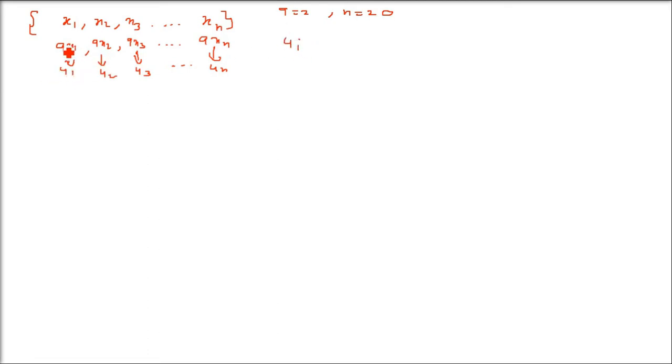So ui you can formulate like this: ui is a into xi. u1 is ax1, u2 is ax2, like this. Now, if you want to find the mean of the second list, we know for the first list, x bar is sigma xi by n.